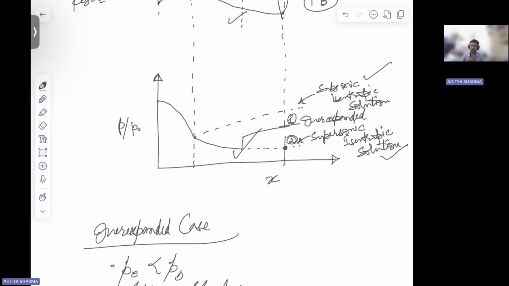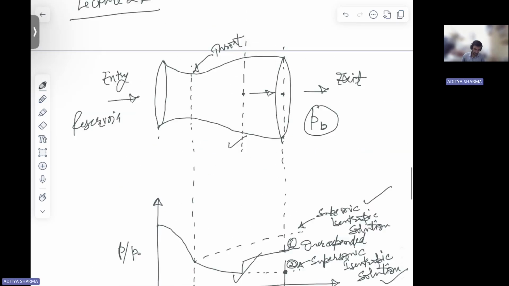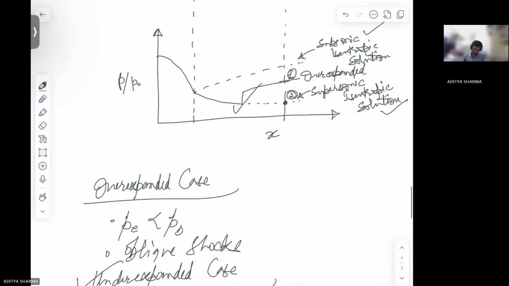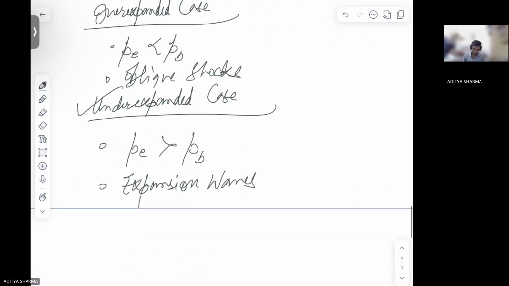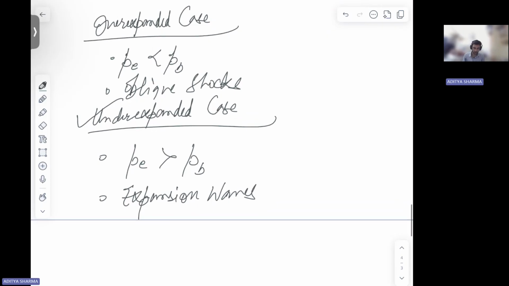And then there is your underexpanded case, where your exit pressure is still greater than your back pressure, right? And in your overexpanded case, you're going to get oblique shocks. And in your underexpanded case, you're going to get expansion waves.